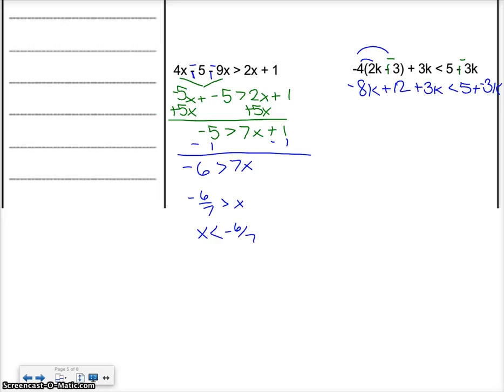Step 3 now, add like terms on the same side. So my left side, yep, I can combine these. Negative 8 and 3 is what? Negative 5k. Negative 5k plus 12 is smaller than 5 plus a negative 3k.